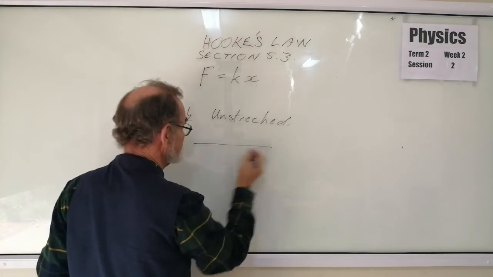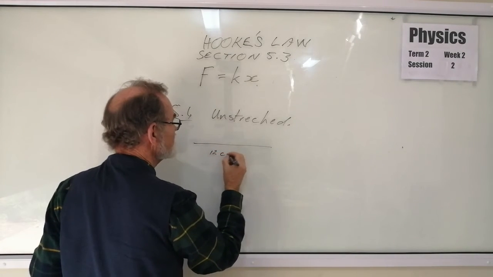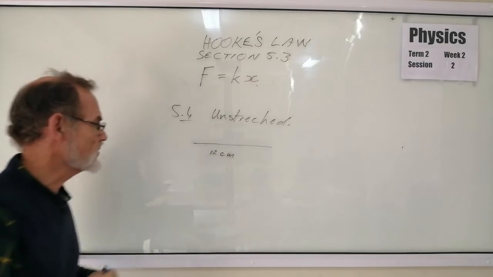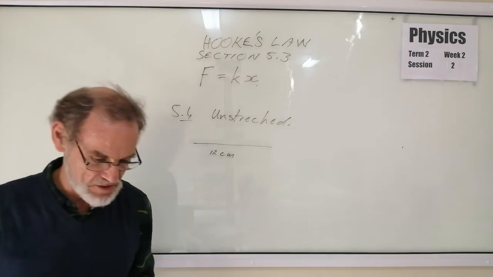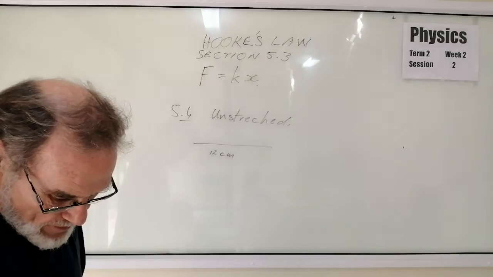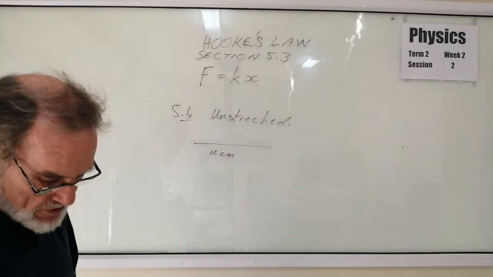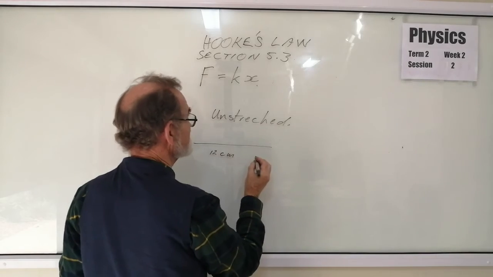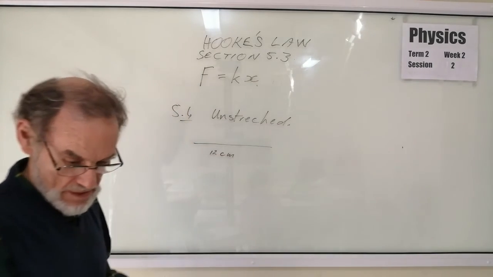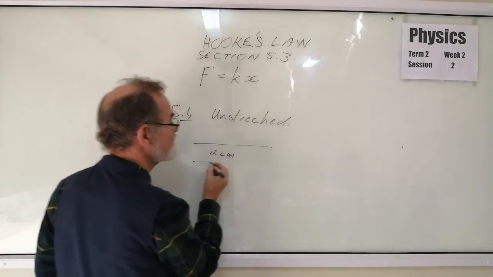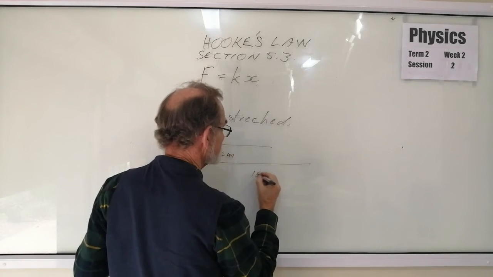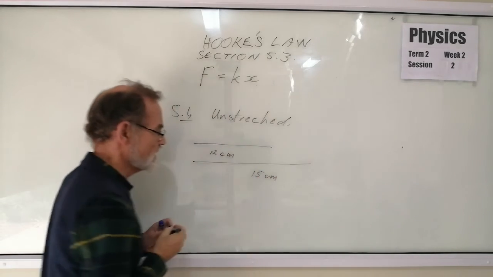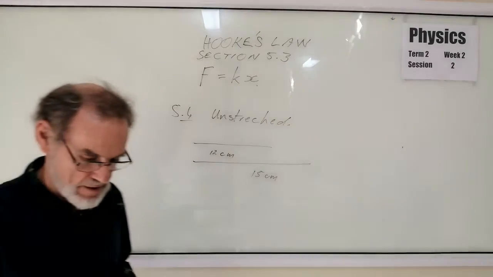Unstretched is 12 centimeters. So this spring, when you buy it in the shop, it's 12 centimeters long. Then they stretch this to 15 centimeters. So this length here is 15 centimeters. You're hanging a weight on it. Okay?